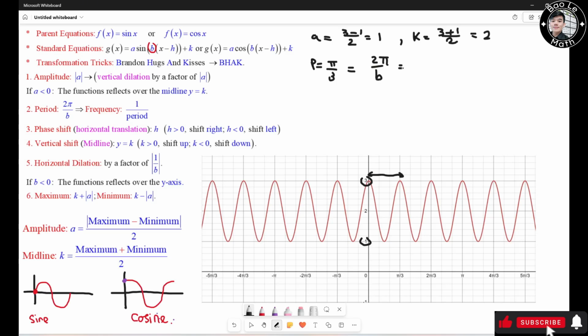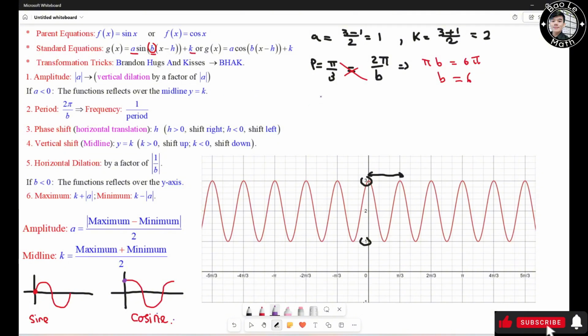So then I'm gonna cross multiply. I have pi times b equals 6 pi. Now divide both sides by pi. So b equals 6. So then I have a, b, k, and the phase shift.